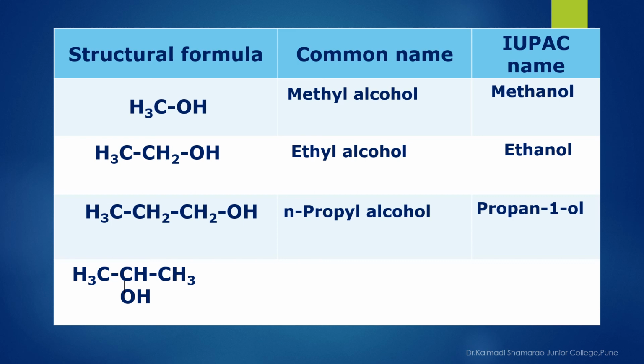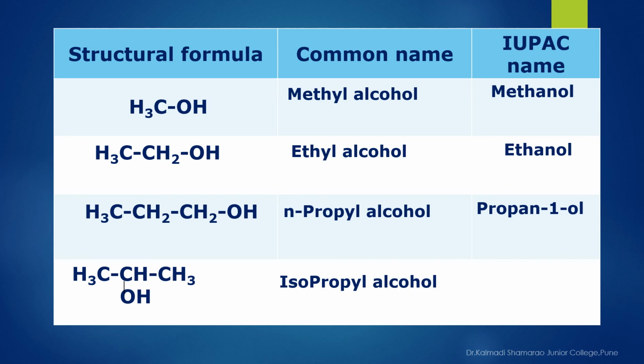Fourth compound, CH3CHCH3 with OH on the second carbon. In this compound, the OH group is not attached to the straight chain, but it is attached on the second carbon. This is an isopropyl group.